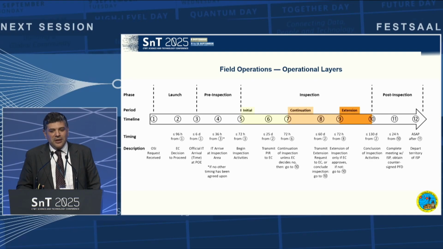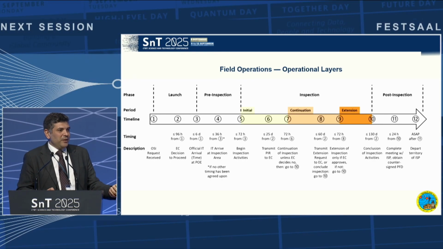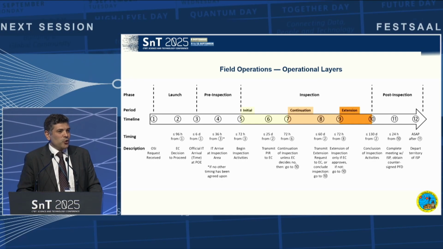If we look at the timeline of the on-site inspection, we will find it in hours. At 0 hour, we don't have anything. After 96 hours, the EC, the Executive Council of the organization, has to take a decision about the on-site inspection. You can imagine at 0 hour, the inspectors are not in Vienna because we don't have a standing inspectorate.